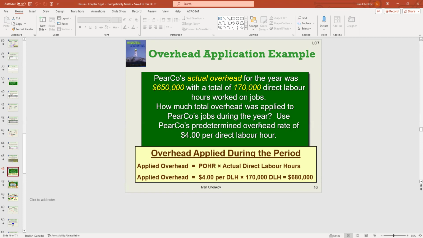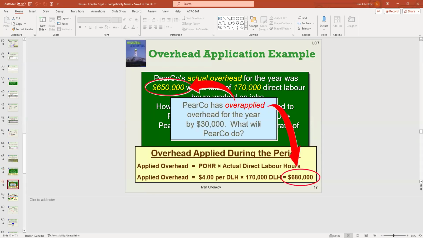So they applied $680,000. Now the question is, which one is higher, what they're applying or what the actual cost is? What they're applying is more, correct? How much more? $30,000. So the $30,000 will be overapplied manufacturing overhead. Make sense?